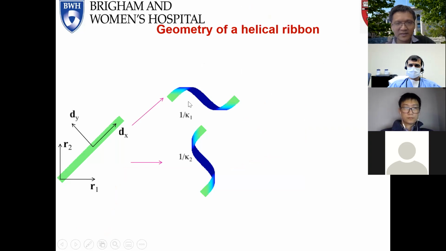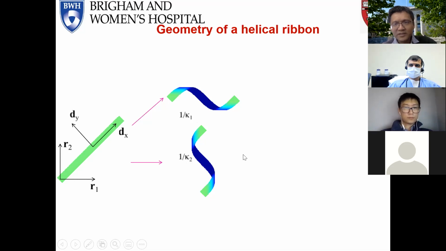So in this case, the cylinder lies horizontally, and it has a radius 1 over kappa 1. So kappa is one of the principal curvatures. Or alternatively, you can bend it onto the surface of a cylinder that lies vertically with presumably a different curvature.